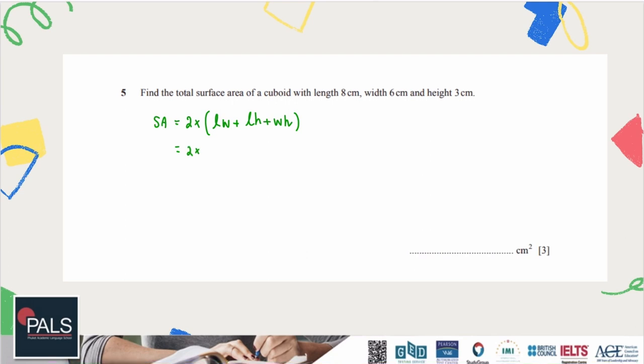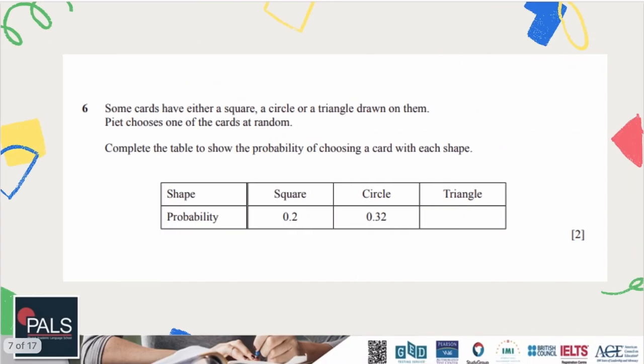So it's 2 times, 8 times 6, plus 8 times 3, plus 6 times 3. The answer is 180.